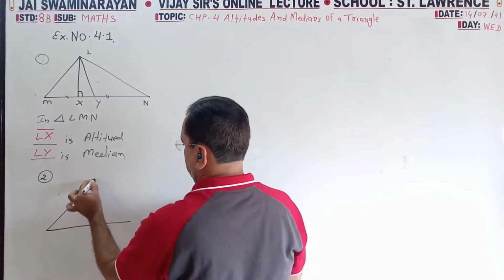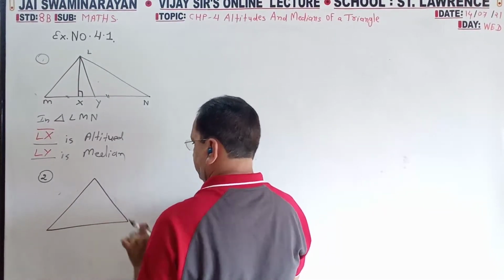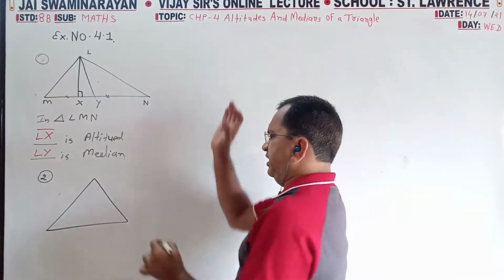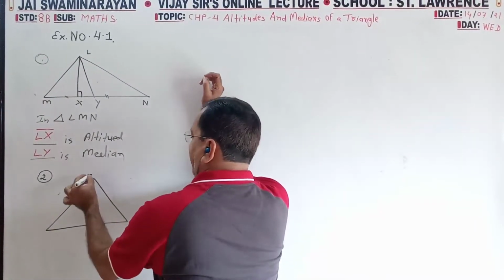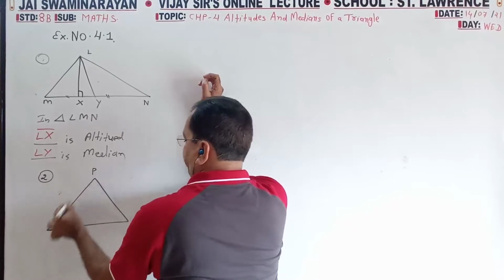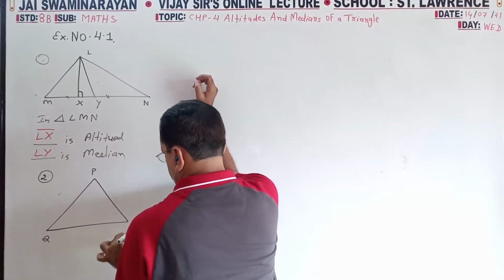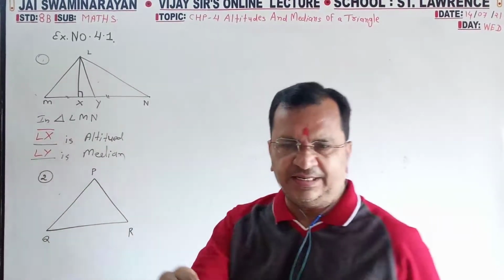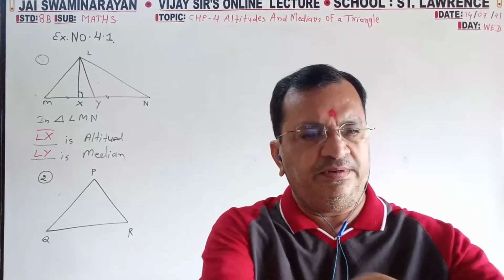PQR. Any acute means all angles should be less than 90. PQR.